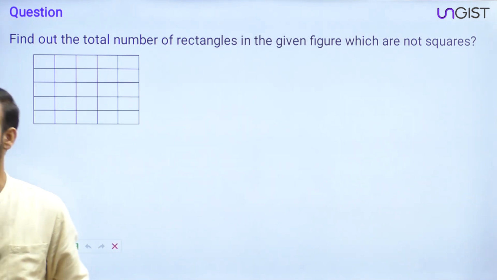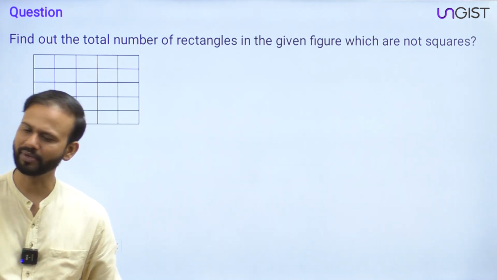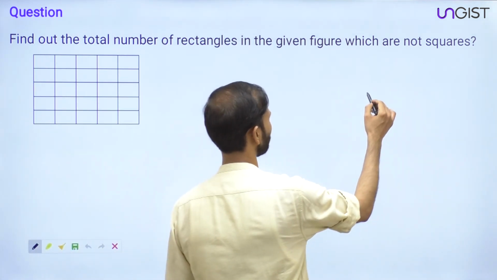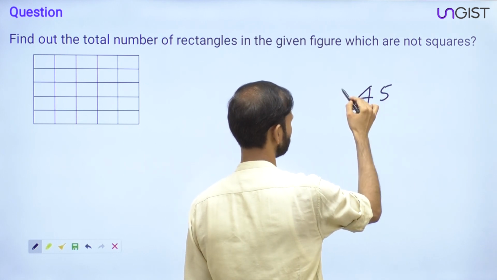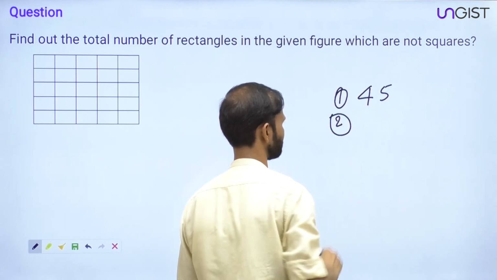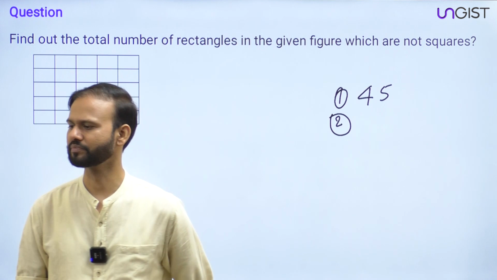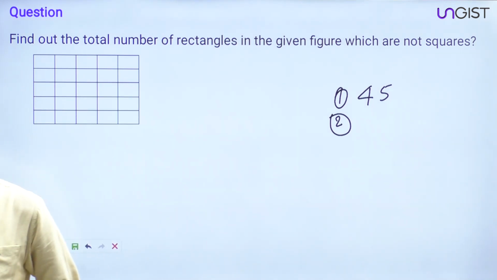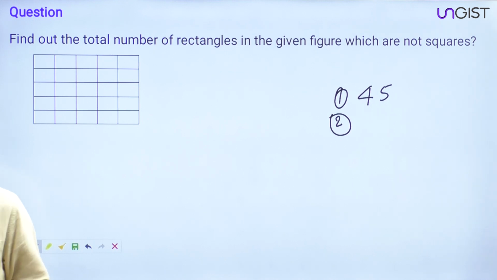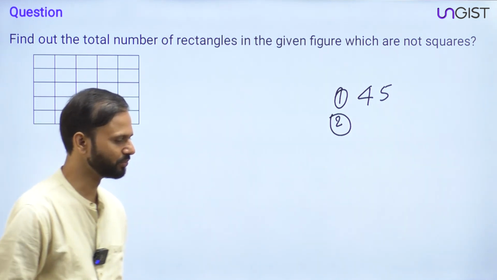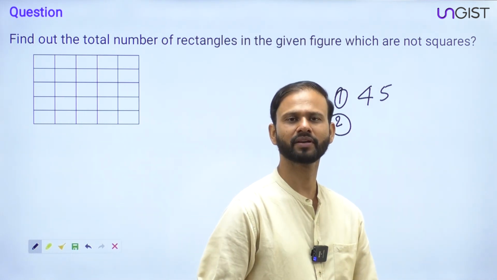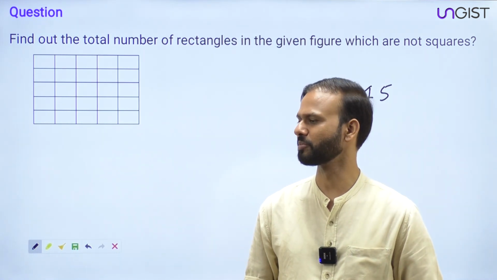Here Preeti is saying 45. Okay, one answer I am getting as 45. Alright. Any other answer, everyone? Preeti is saying she needs to check. Okay, no problem. You may please check your answer anytime.